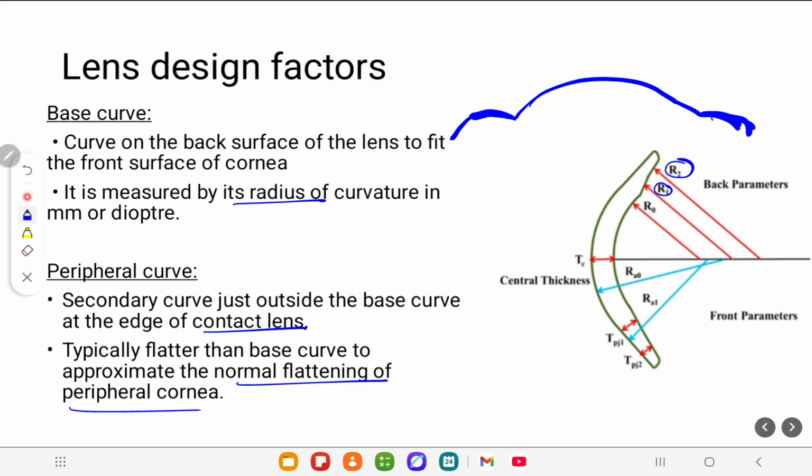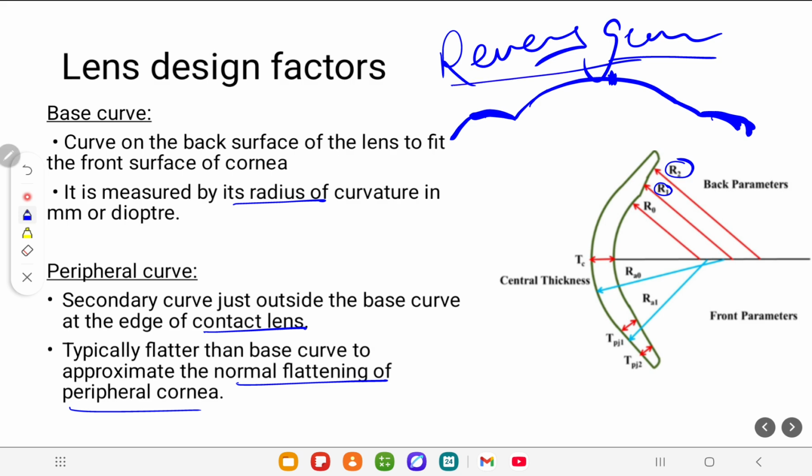No. That's why we call this reverse geometry. What is reversed? What is normal? The first curve, the base curve, is always steeper than any other curve. But let's take the example of orthokeratology. The first curve is flatter than the second curve. It's usually not the case. That's why we call it reverse geometry. Just remember whenever reverse geometry comes, you understand the concept of why it is called reverse geometry.